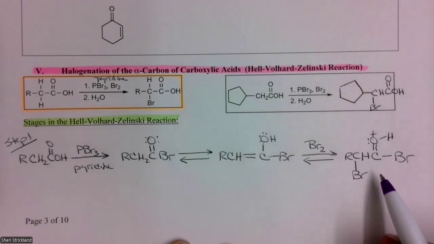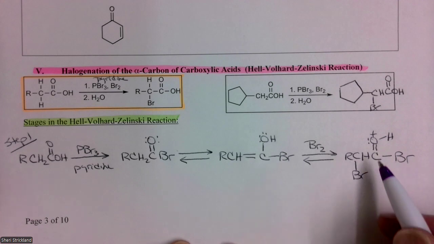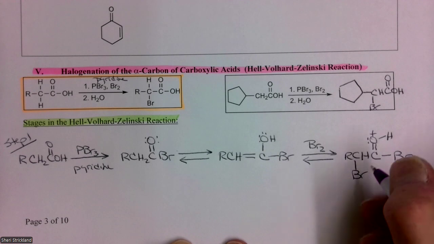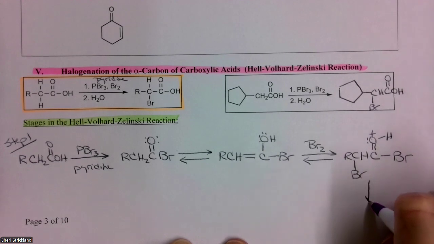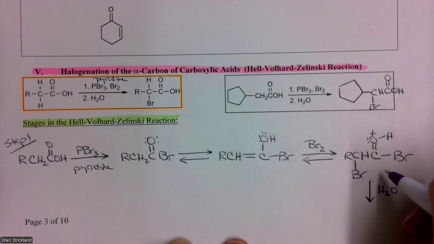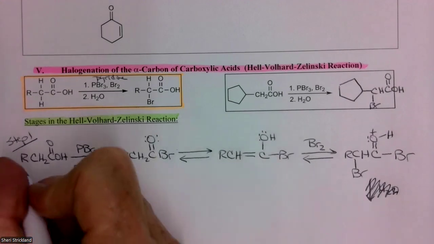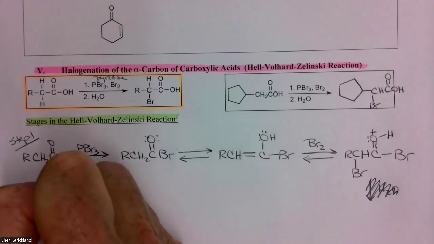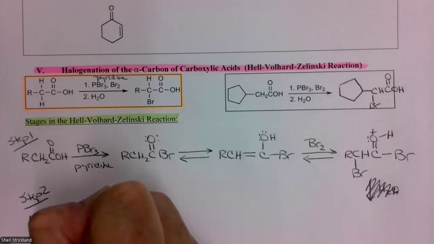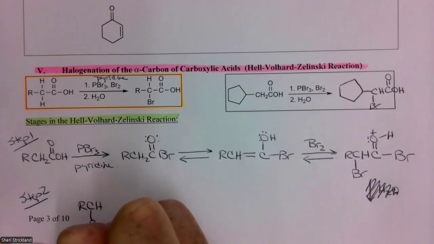But remember that acyl halogens, acyl chlorides, acyl bromides are very reactive. And so right here would be step 2. Tell you what, we'll bring it back over here. You wouldn't need to add anything except some water to make it do this.